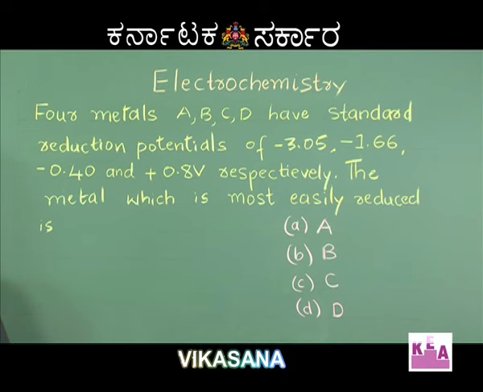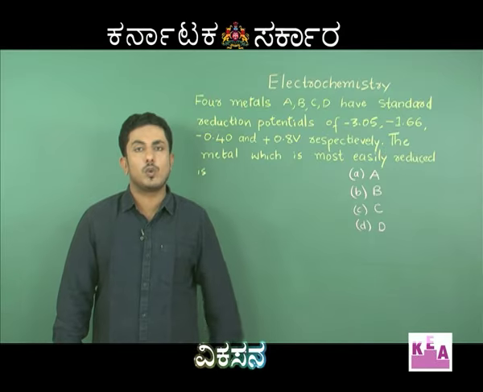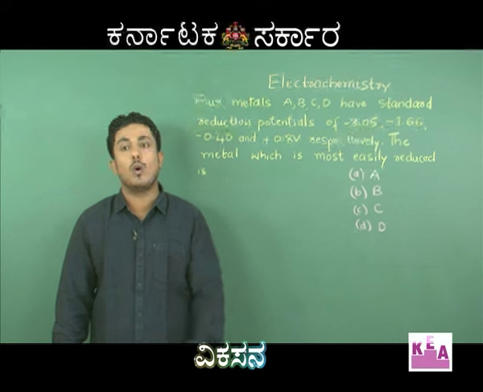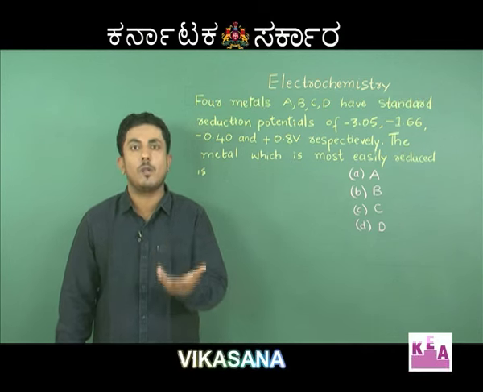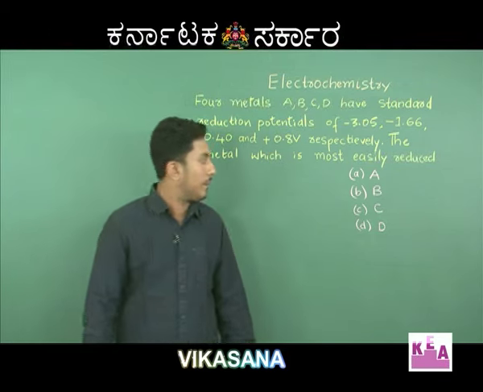As discussed earlier, reduction potential gives you the tendency of a metal to undergo reduction. The higher the value of reduction potential, the higher will be its ability to undergo reduction.